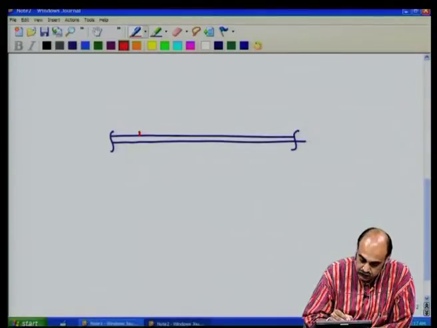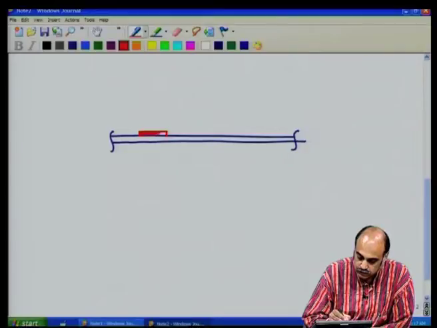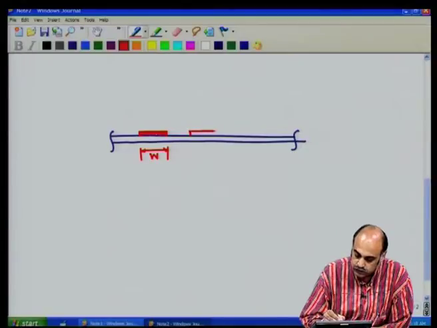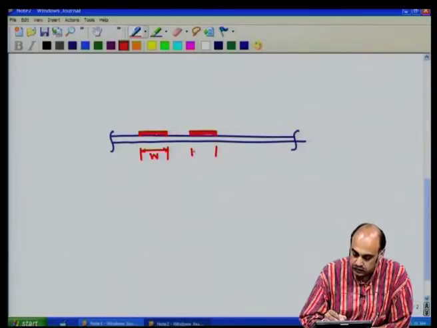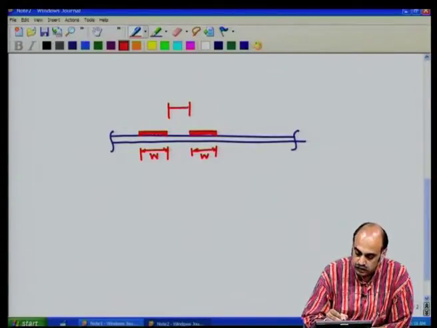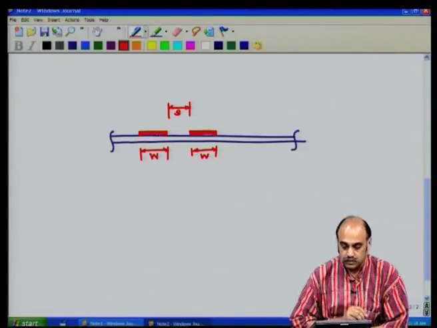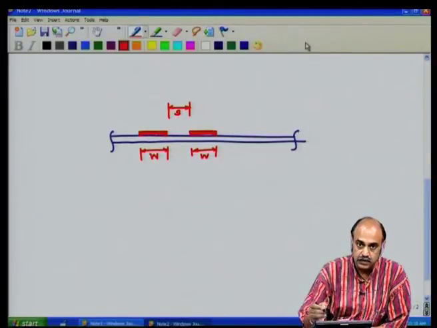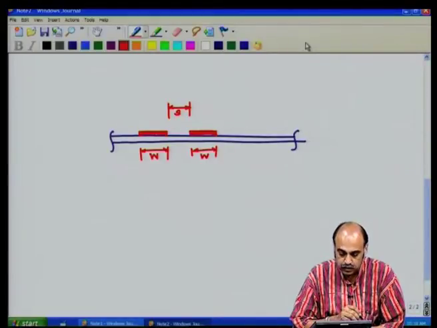You could have a conductor with some track width, let us say W, and you could have another conductor carrying another signal, having the same track width W, with some spacing S. This is slightly more complex, because you could have tracks on the bottom side, and the length of the track need not always be parallel, it could vary, and there are many other issues and uncertainties which will come in here.